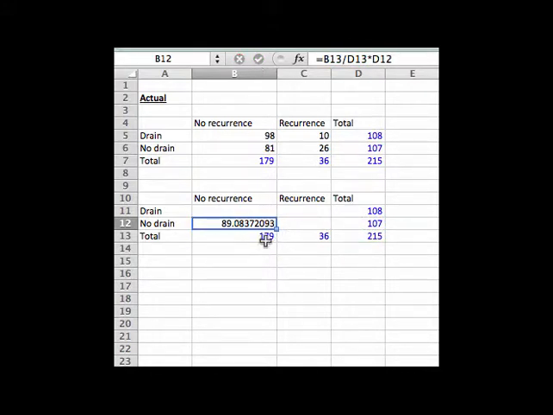and we want to do the same thing here. So 179 divided by 215 multiplied this time by 108, and here 36 divided by 215 multiplied by 107.